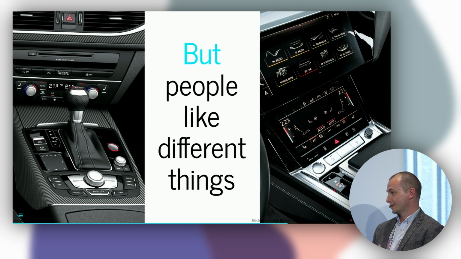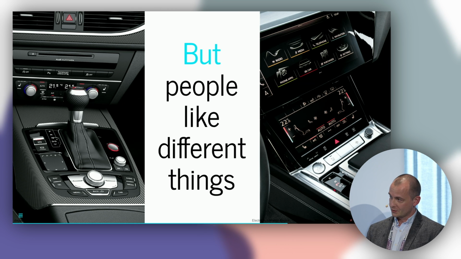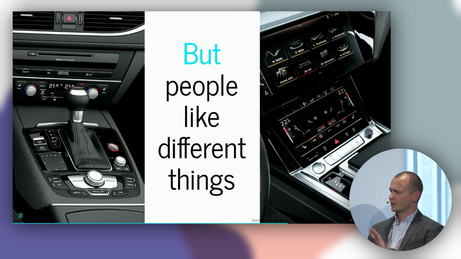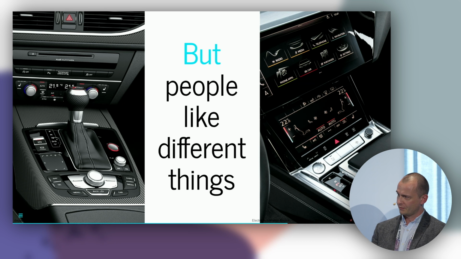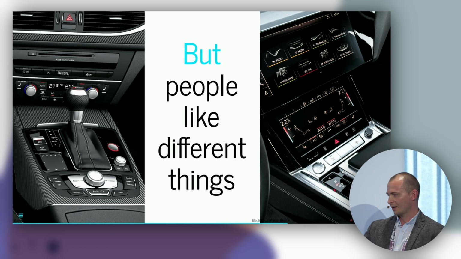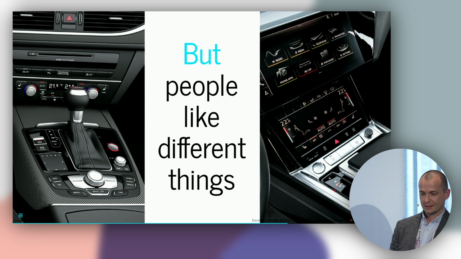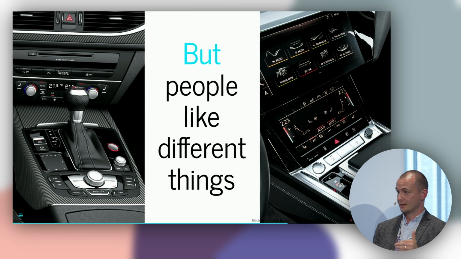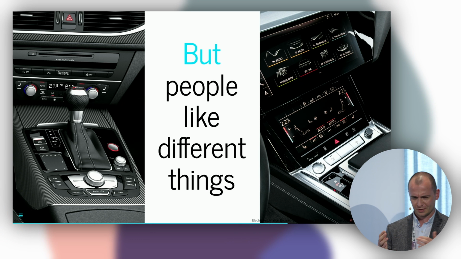On the right-hand side, a slightly newer model, the digital surfaces. They have their use cases, but when you're going on the Autobahn, 160 miles per hour, 170, over 250, it's very difficult to adjust the heating when you have a digital surface. Now, I do not recommend doing that, but I do recommend using the Autobahn as it is designed, and I think there's something to be said there.